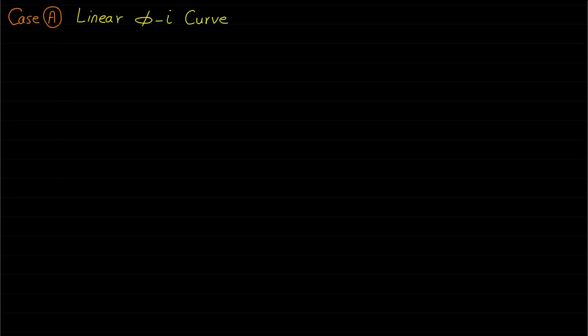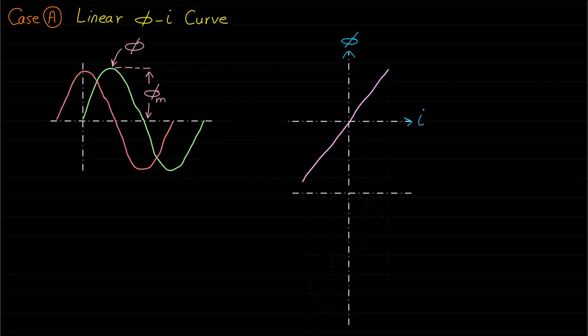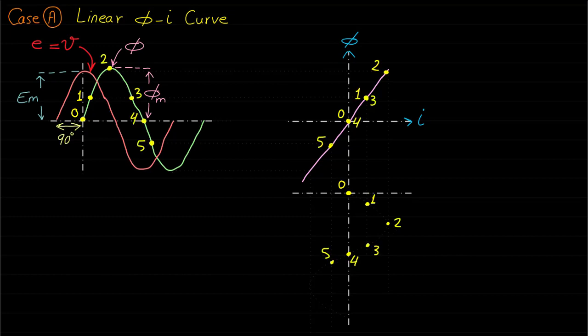We proved earlier that the magnetic field is sinusoidal and lagging the voltage by 90 degrees. From these 2 curves, we can graphically plot the excitation current by taking some points from the magnetic field phi waveform and map them on the phi I curve to find the corresponding current points of the excitation current as shown.